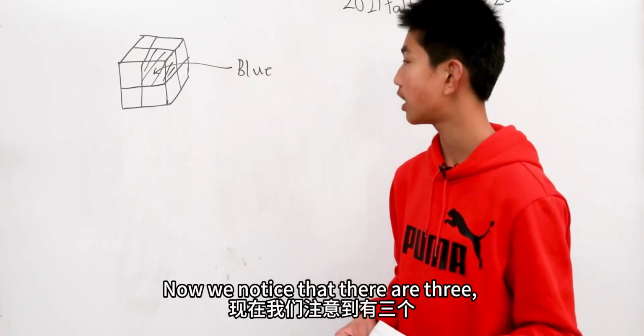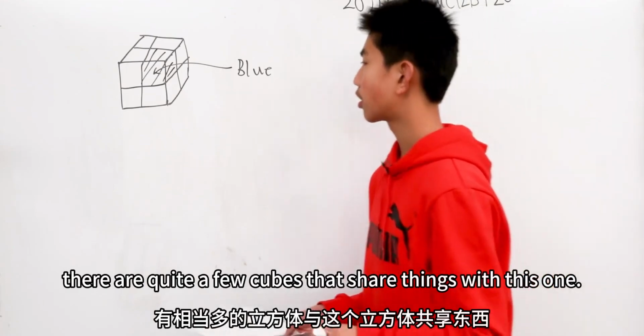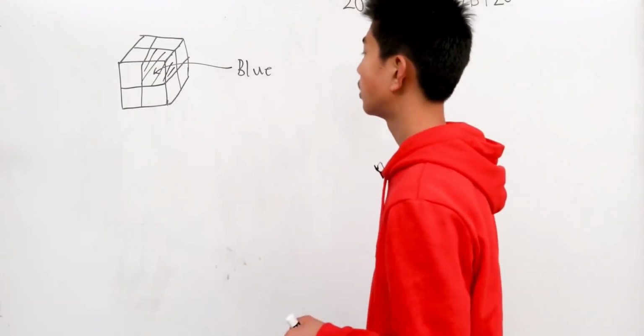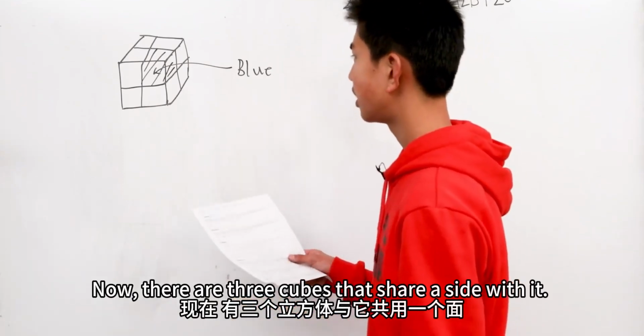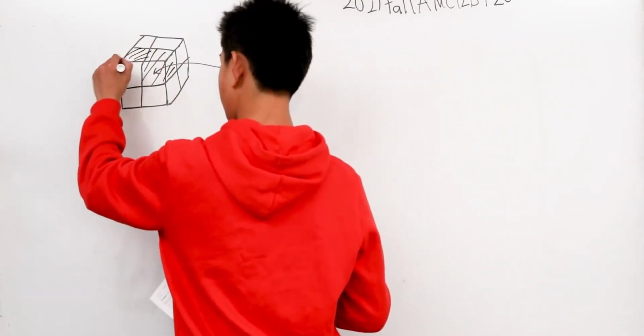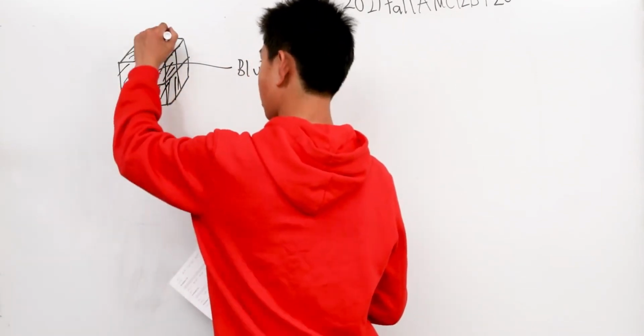Now we notice that there are quite a few cubes that share things with this one. There are 3 cubes that share a side with it: this one, and this one.